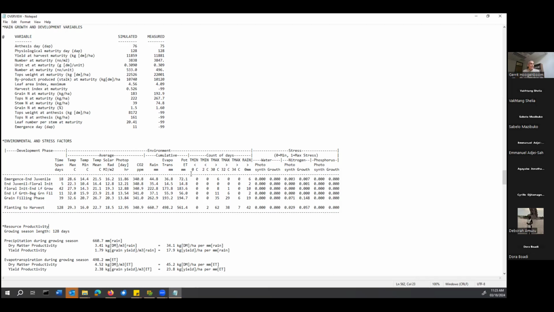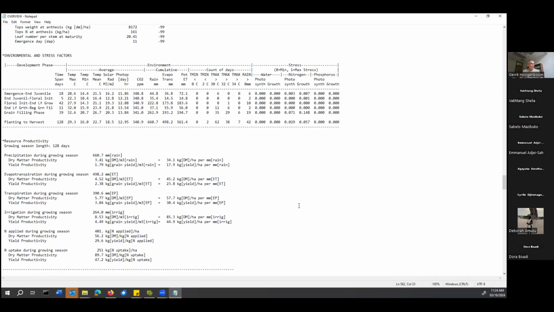Then there was a question about stresses. We actually calculate the number of days that the maximum temperature is above 30 degrees, 32 degrees Celsius, and 34 degrees Celsius, number of rain days, and then some of these stress factors for water, for nitrogen, etc.